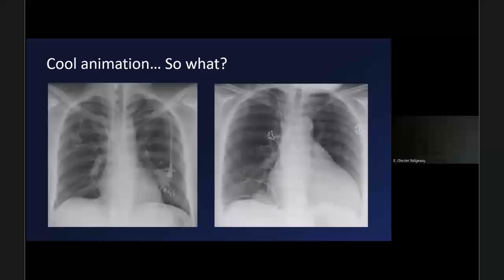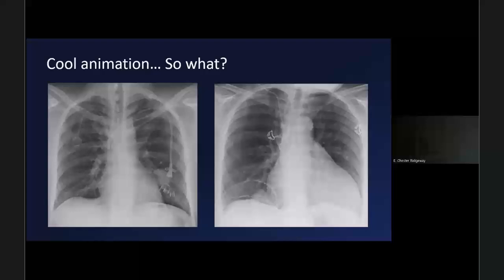So this is an example here. Two different patients, two frontal chest radiographs. On the left, we've got this mass in the left lower lung. And on the right image, we see that we also have this rounded opacity that's hovering over the right hemidiaphragm. What do we do with these?